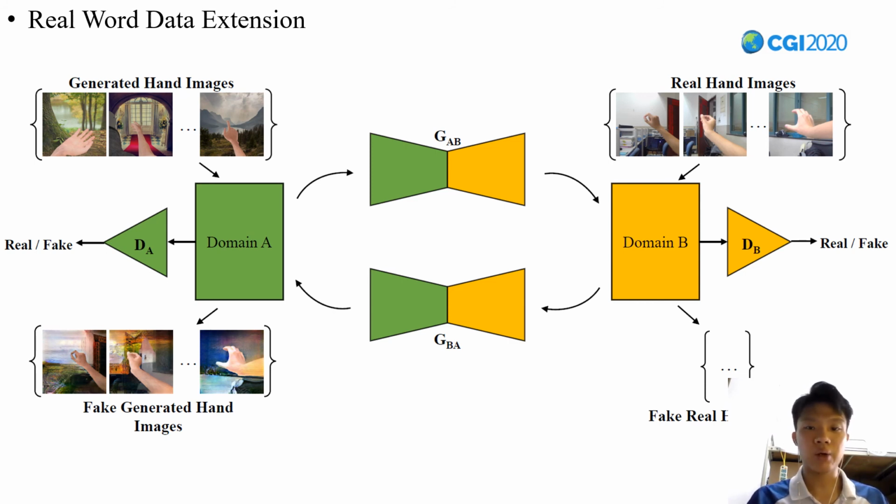We use the CycleGAN to transform real hand images from the original domain to the one corresponding to the generated hand images, which can significantly improve the performance of our model, trained on our synthetic dataset, when validated on real-world images.